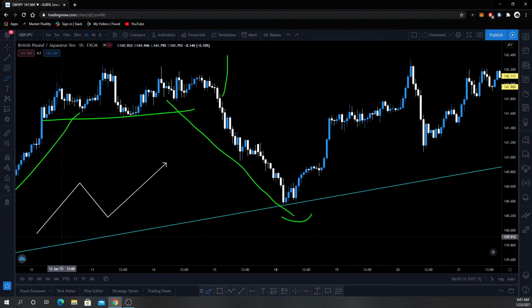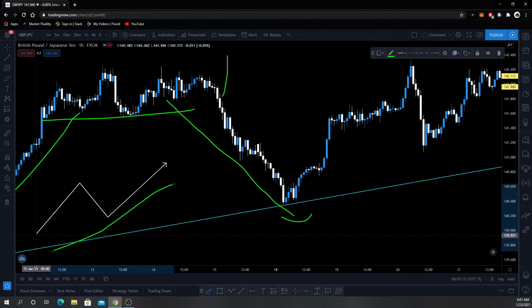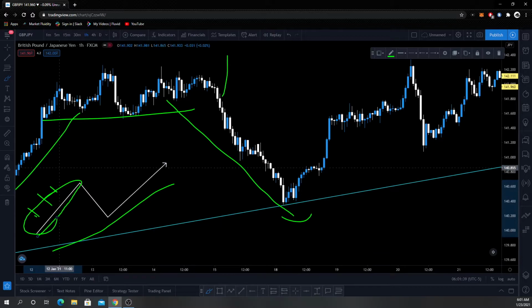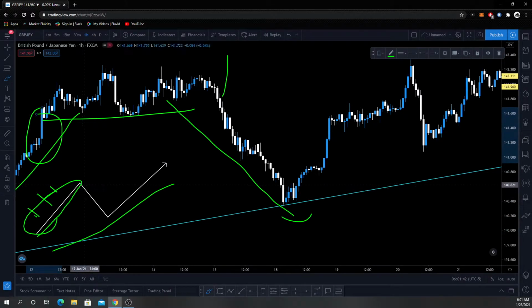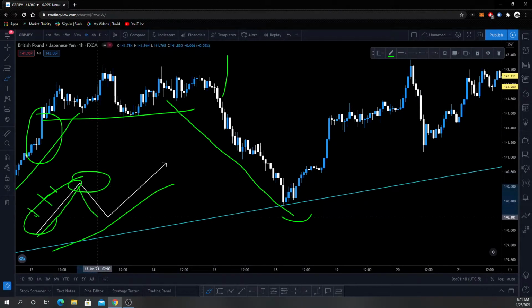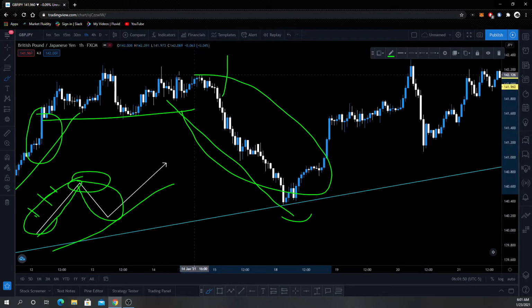We know that the market is going up overall, but during the 1 hour time frame, the market went up, which is this move. Then it had this consolidation, which could be this. Then we have this lower move, which is this.